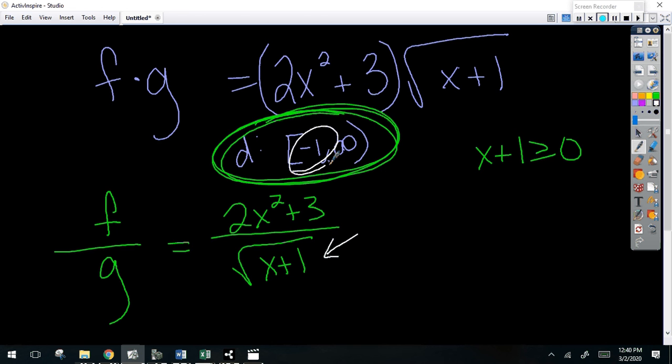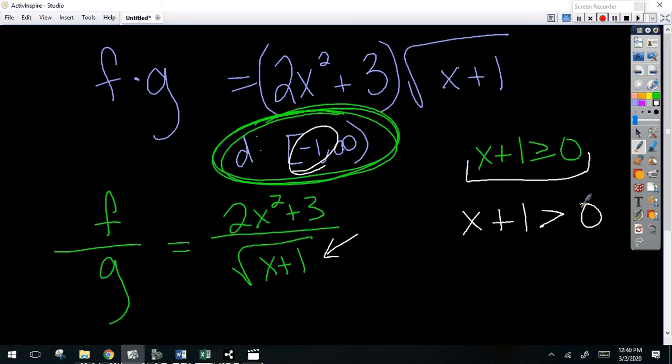Look what I did initially. I said x plus 1 has got to be greater than or equal to 0. How do I make sure it can't ever be 0? What does that mean? What's the difference? It's not equal to. It can't be -1 here.